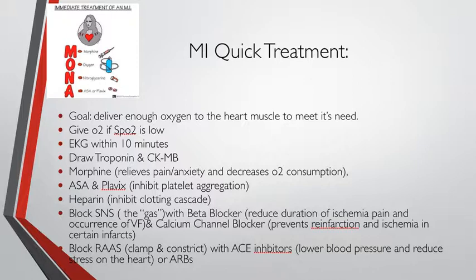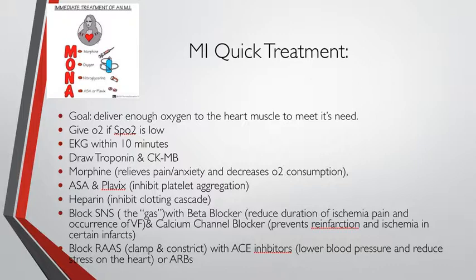We are going to expect these patients to be given heparin because again, it's going to inhibit that clotting cascade. We're going to closely monitor renal function and probably watch those renal labs too to make sure that they're getting enough cardiac output to perfuse the kidneys.